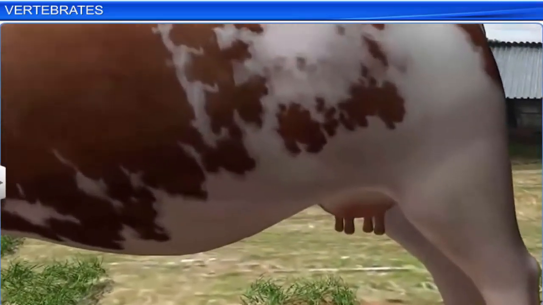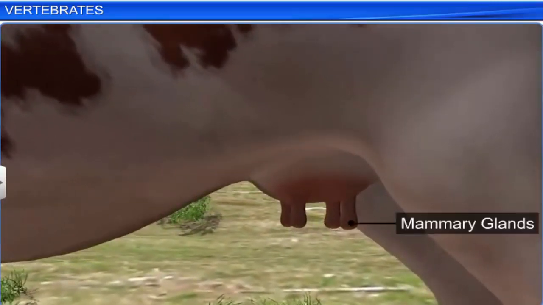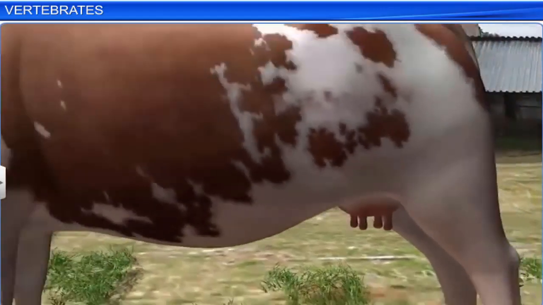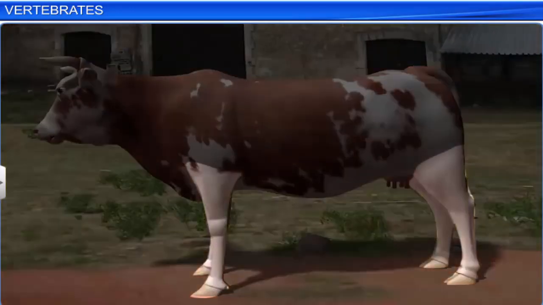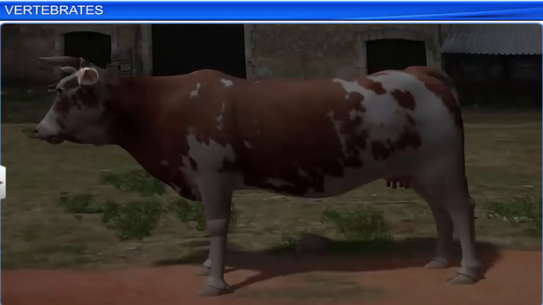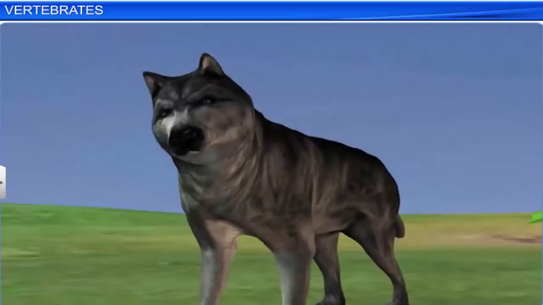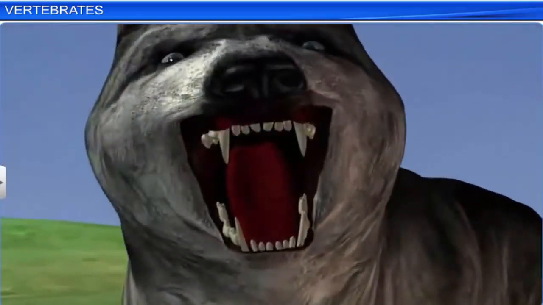These vertebrates have certain unique features such as mammary glands, which produce milk, and hair on their skin. They also have 2 pairs of limbs and 1 pair of external ears or pinnae, along with different types of teeth to tear, bite, cut, and crush.